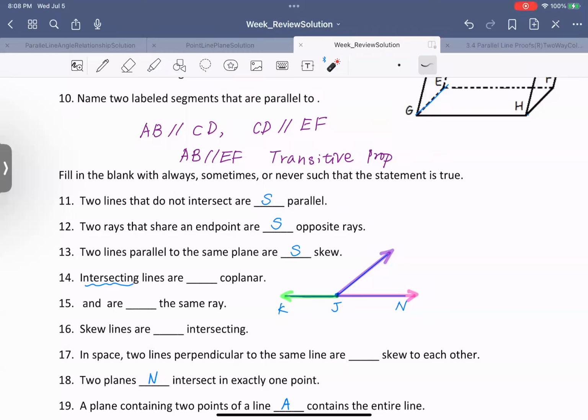Never? What do you think? Perpendicular to the same line. Oh, sometimes. Yes. Students, when you do these sometimes, never, always questions, you manipulate with your hands and pencils, and you will be able to get the perfect answer. Okay?